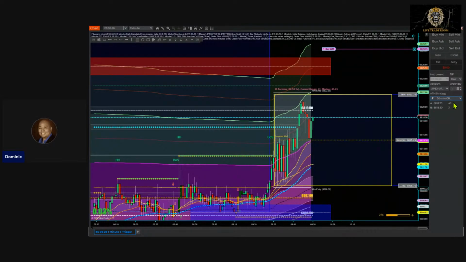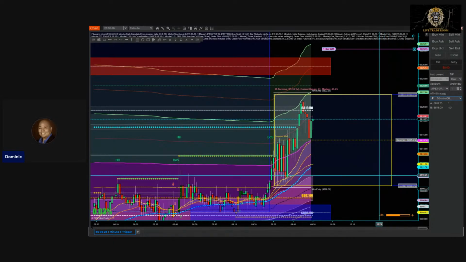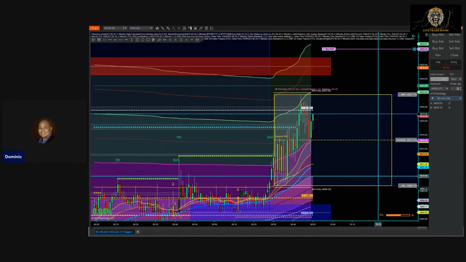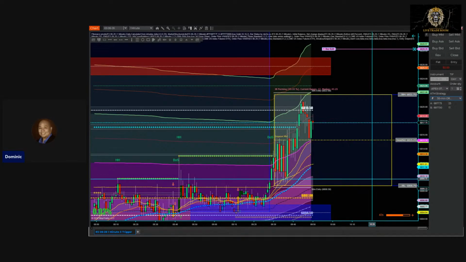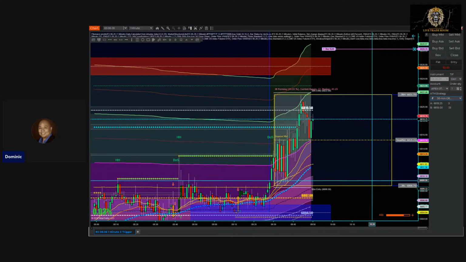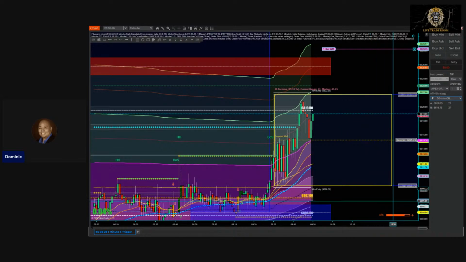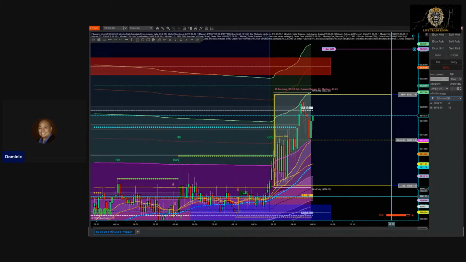Basically, I think our profit target is 3 points. Might create another high here. Let's see.